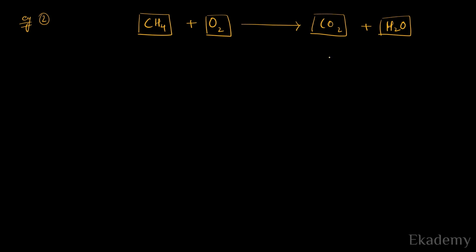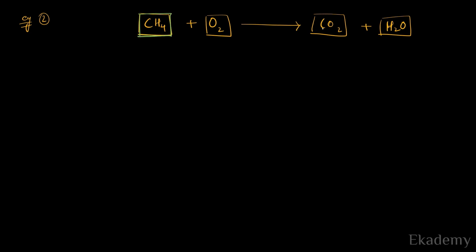Now find that compound which has the maximum number of atoms. So I think it is CH4. It has 5 atoms, 4 hydrogen and 1 carbon, and all other compounds have a maximum of 3 atoms. So CH4. Let me change the color of this box. Okay, so it is CH4.